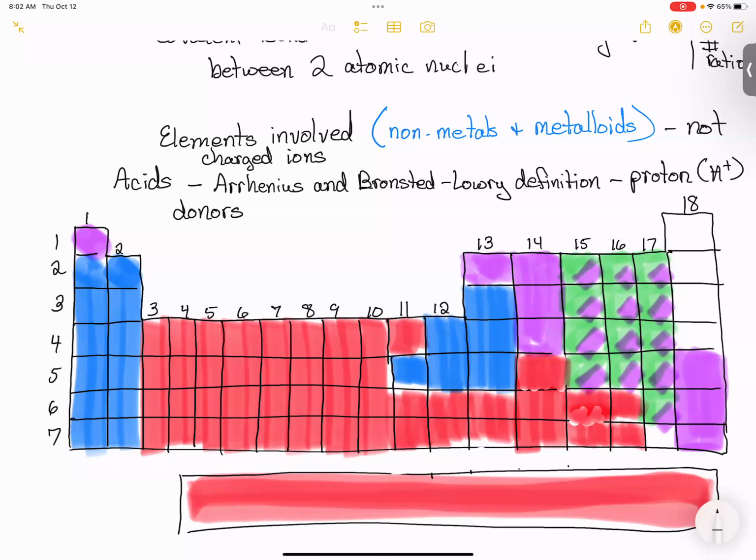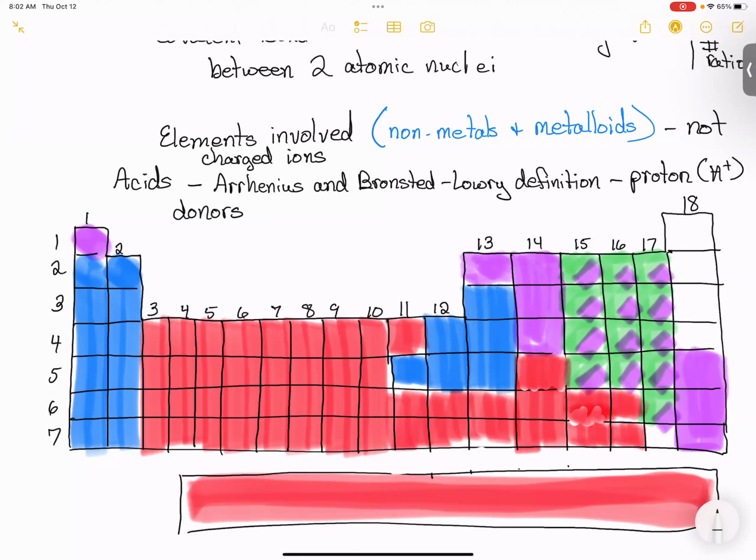So, what we will be doing today in lecture and in lab is we are going to be focusing on naming compounds and writing the formulas of compounds. In class this morning, we're going to focus on ionic compounds. And in lab this afternoon, we'll focus on covalent molecules.